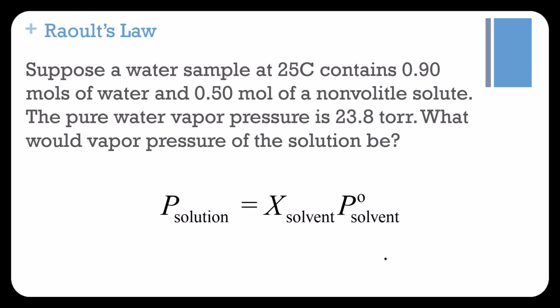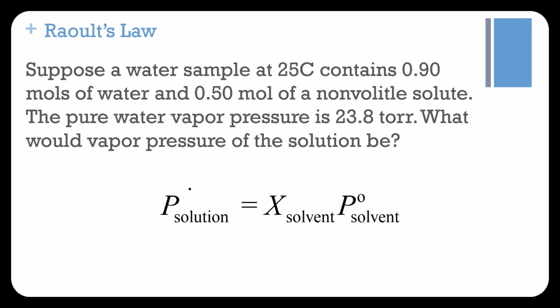So suppose we have a water sample at 25 degrees Celsius. There's 0.9 moles of water, 0.5 moles of a non-volatile solute. Pure water vapor pressure is 23.8 torr. What would the vapor pressure of the whole solution be?